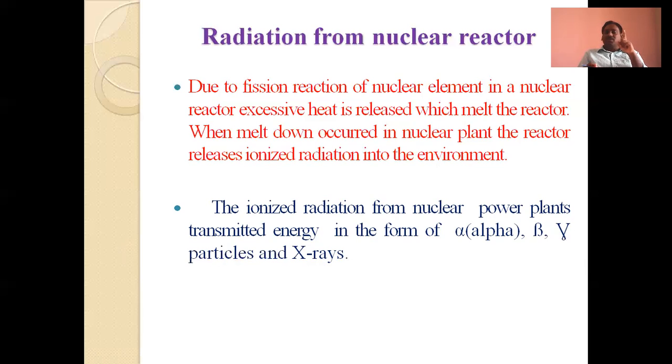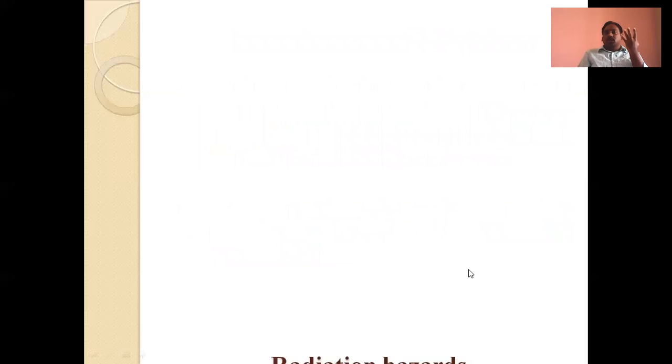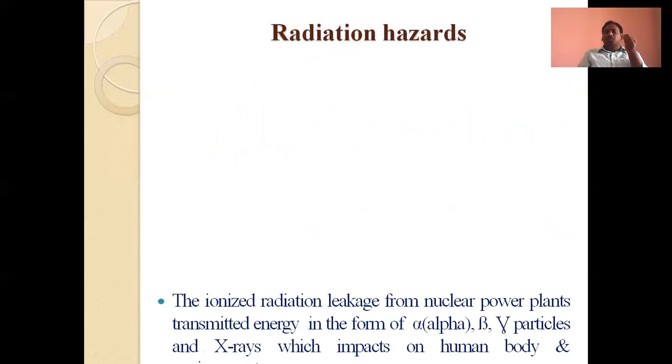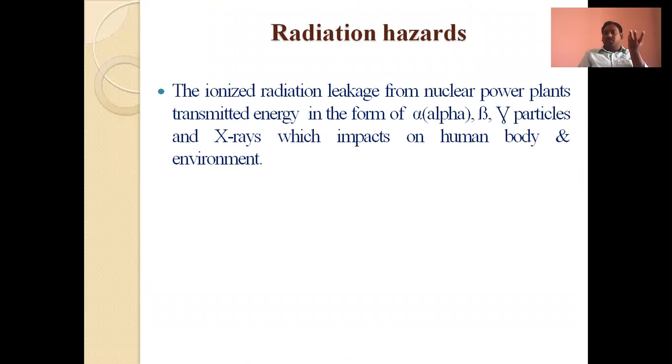These are not acceptable for the environment. Why? Because their velocity is high, and the energy released by these particles is also high, which can spoil human life, the plant environment, and the aquatic environment.